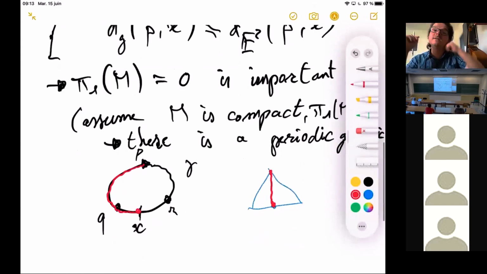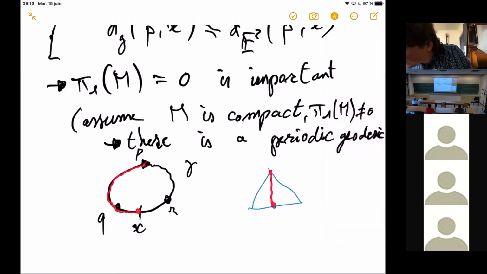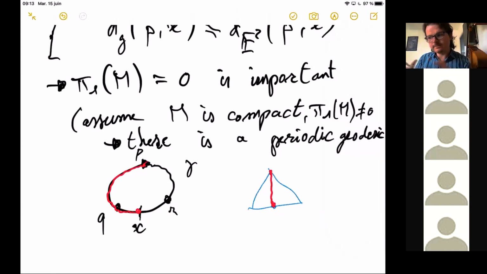So here we cannot have... so yeah, the theorem doesn't work without the simple connectedness assumption. But actually, especially in negative curvature, it will work at small scale, inside balls of size roughly the injectivity radius.